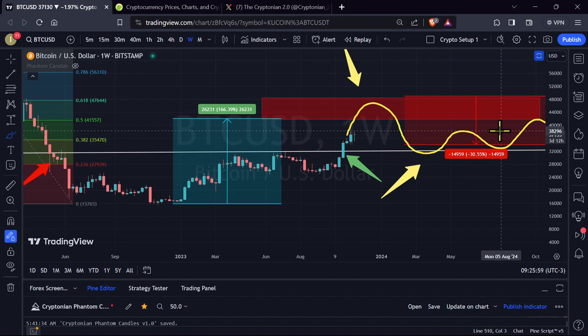That's called the markup phase. That is when the large players just keep pushing it higher and higher, of course to generate profits for themselves, right?